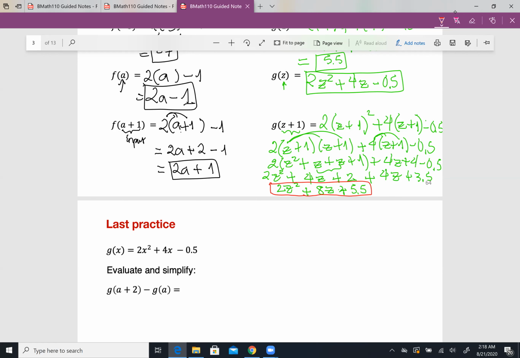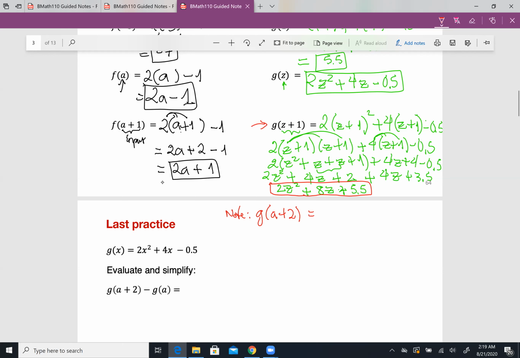All right. So now I will move to the next page and see that they have the last problem as g of a plus 2 minus g of a. You can note that g with input a plus 2 will be actually the same thing as g with input of z plus 1, but you change z to become a.